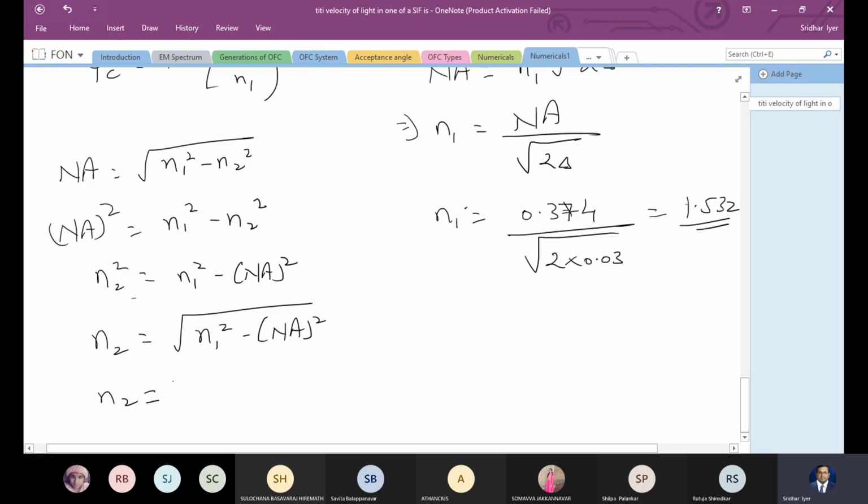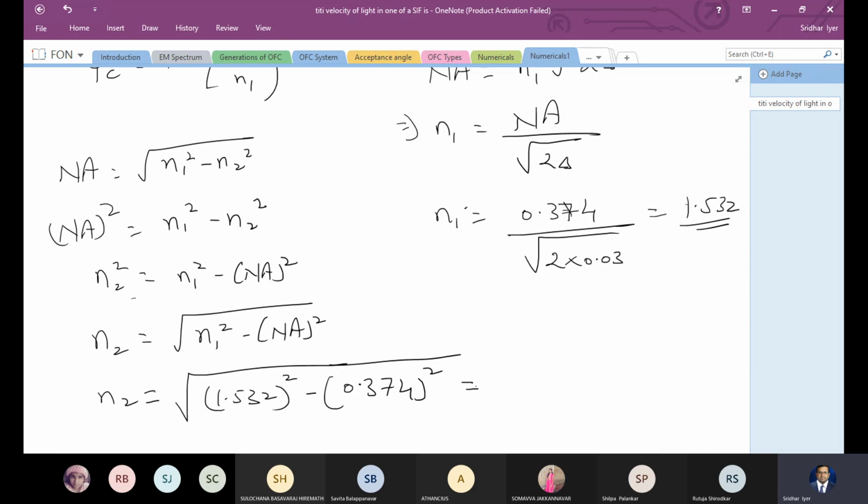So n2 will be the square root of 1.532 squared minus 0.374 squared. And if I calculate this, the answer that we get here is 1.485, and we know that it is right because n2 is less than n1.